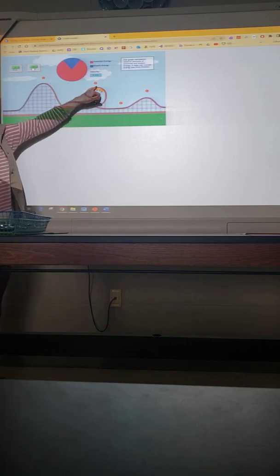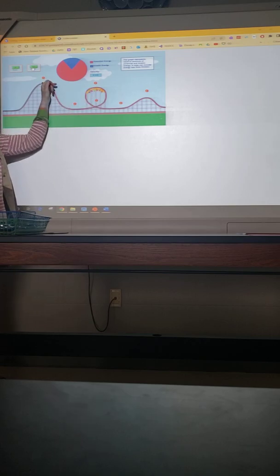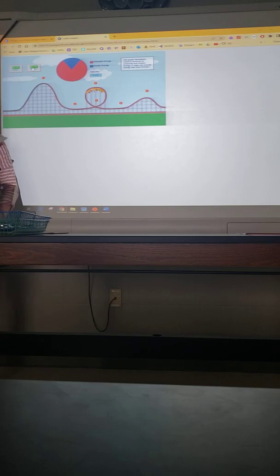You can't have more potential at position 4 than you had at position 1, because position 4 is a smaller height, it's a lower height. So there's that direct relationship between the height and your potential energy. The more height, the more potential. The less height, the less potential.